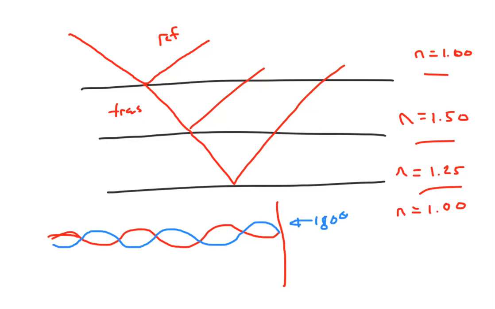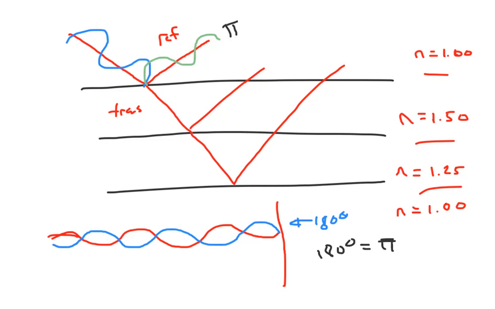These are things you learned last semester, but we're taking that principle into this idea where now we think of light the same way. So here, this wave is going to come in, and then when it hits that boundary, there's going to be a reflected ray. Now this one is going to have a 180 degree phase shift. 180 degrees is equal to pi, on the unit circle.